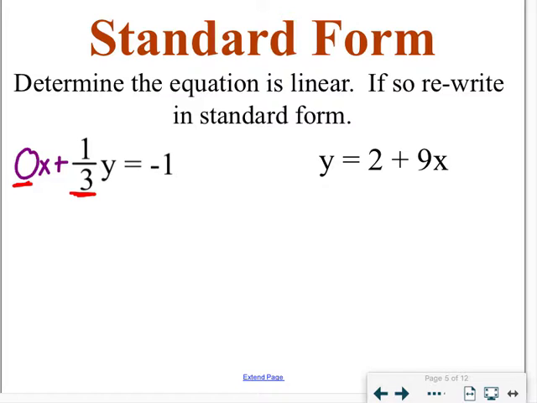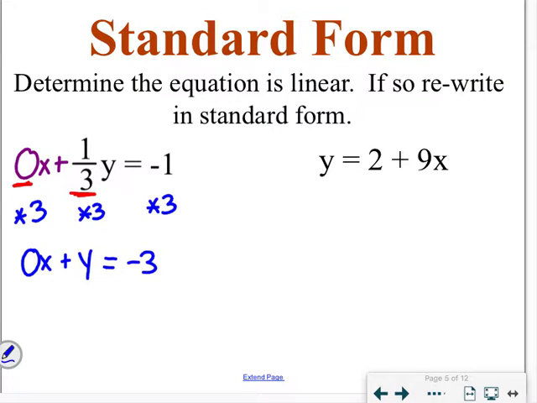What we have to check is if there is a way we can get rid of this fraction. So the opposite of dividing by 3, which is the same thing as 1/3, would be multiplying by 3. So we're going to try multiplying the whole equation by 3. We still have no x's. Now 1/3 times 3 gives me just 1y, or just plain y. And -1 times 3 gives me negative 3.